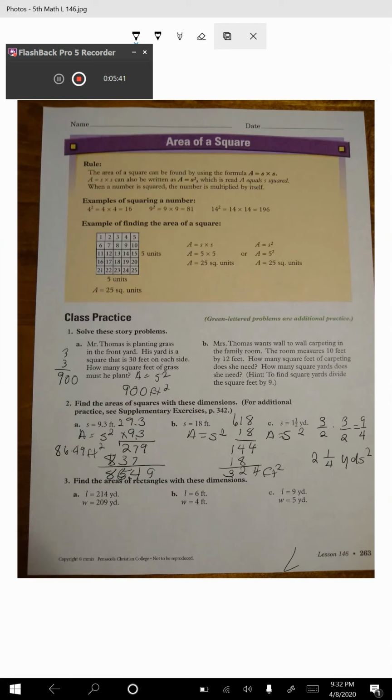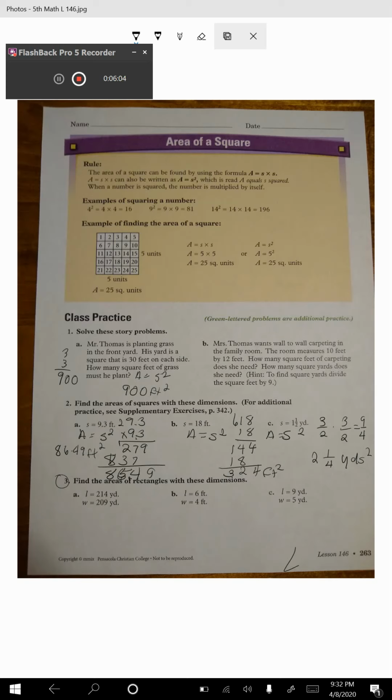Okay? All right, let's look at the next one. Mrs. Thomas wants wall-to-wall carpeting in the family room. The room measures 10 feet by 12 feet. So this is the rectangle, right? And we'll do some rectangles down here on number 3. How many square feet of carpeting does she need? How many square yards does she need?